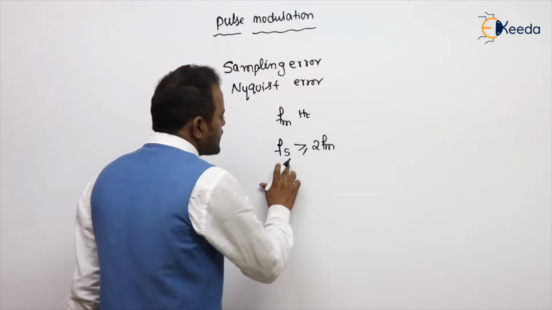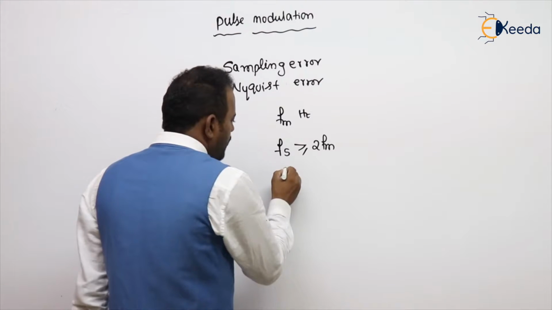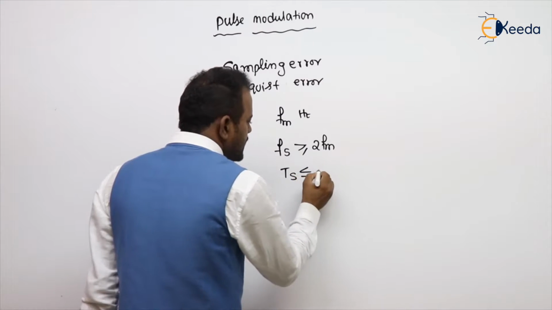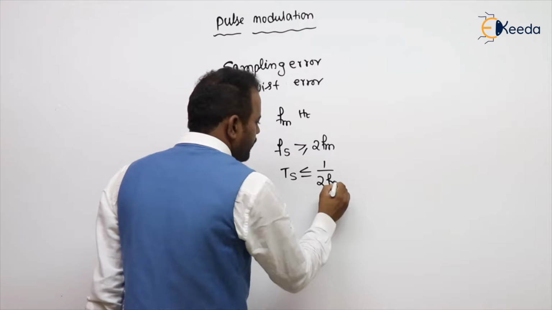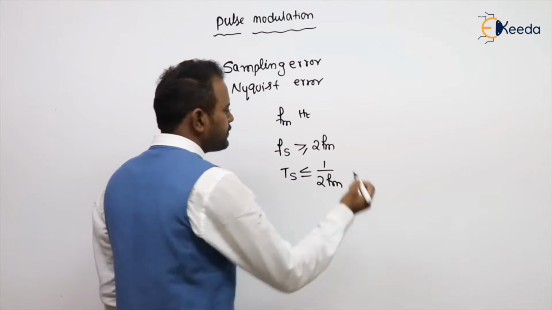What is fs, sir? Sampling rate. And the sampling interval Ts is less than or equal to 1 by 2fm.